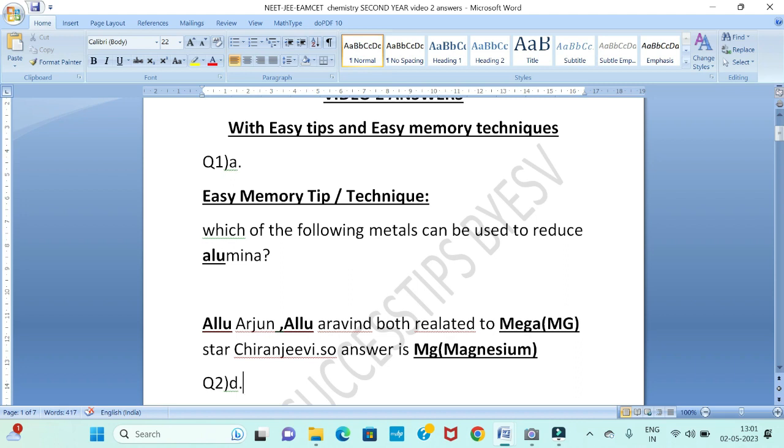Otherwise you can remember it like this. Alu, aloo means a vegetable. Next, magnesium: Maggie, Maggi. Both are not good for health.